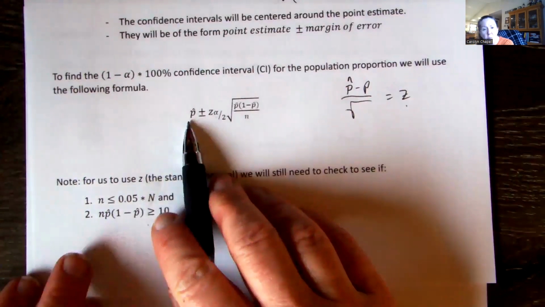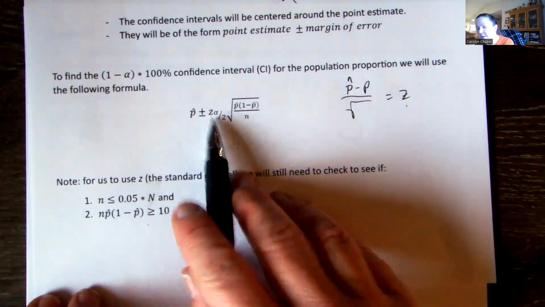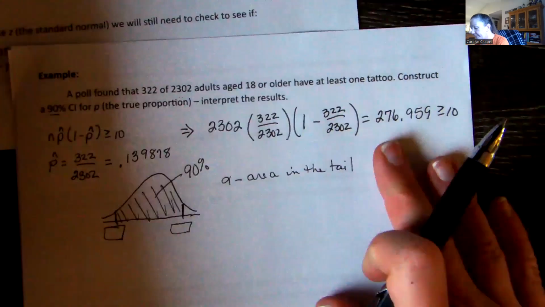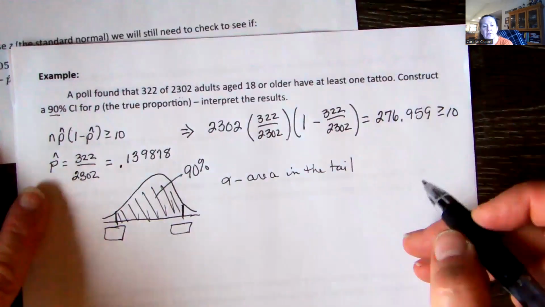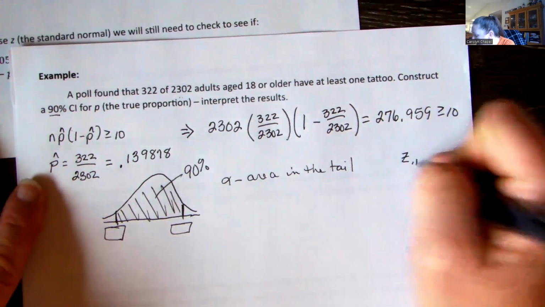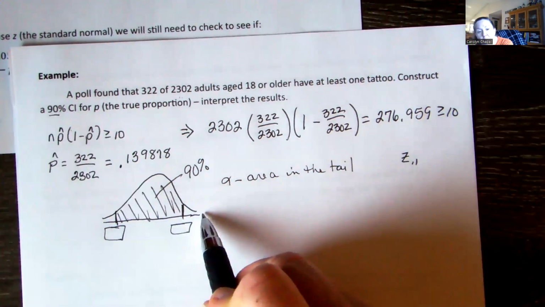This p hat is our point estimate. We have this alpha over 2. The reason we have alpha over 2 is because you may remember when we first looked at the normal curve, we had z.1 and z.05. That was always this little area above that.